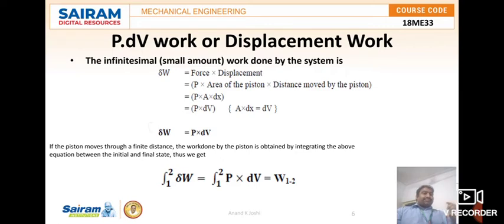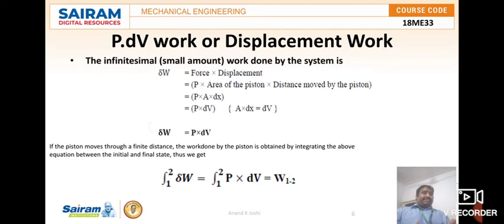So what happened? The gas expands against the piston, so it will move upwards. So that is P into the area of the piston. And what is the distance traveled by the piston from BDC to TDC or TDC to BDC? Those two dead centers are there, no? So how much volume is covered? That is what we call dV.